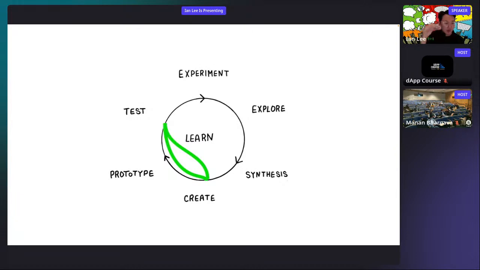And the companies and the startups that are able to iterate through this cycle faster and faster, to the point where you can create, prototype, test, create, prototype, test, literally within the same day with multiple users, you're going to learn faster, and therefore you're going to be able to build faster.